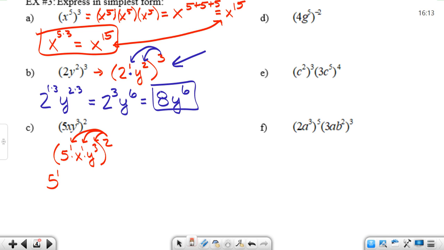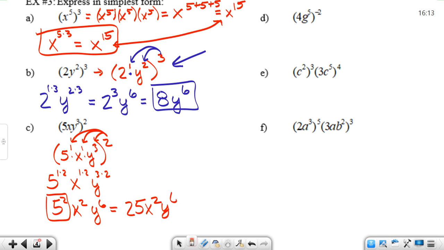So this is going to give me 5 to the 1 times 2, x to the 1 times 2, y to the 3 times 2. That leaves me with 5 squared, x squared, y to the 6th. And guys, we're always going to look to simplify this coefficient to a power here. 5 squared is 25, x squared, y to the 6th. And there's my simplest form.